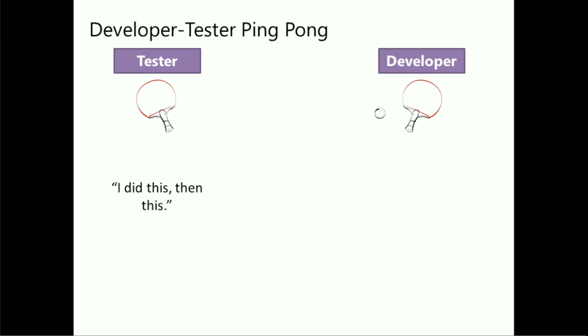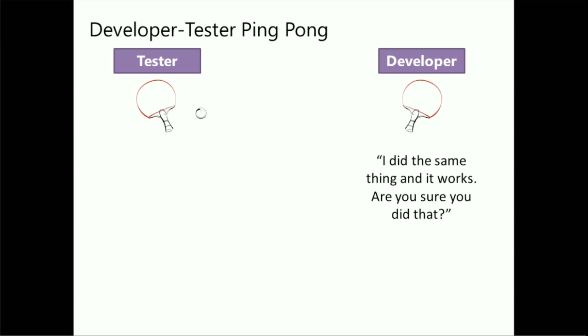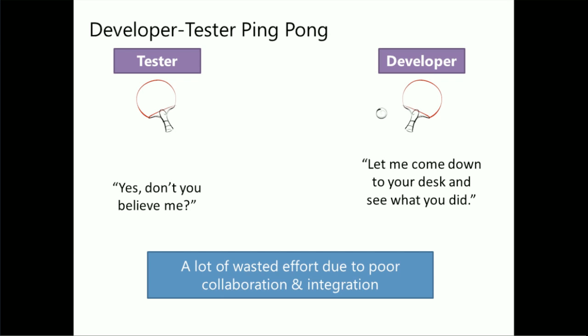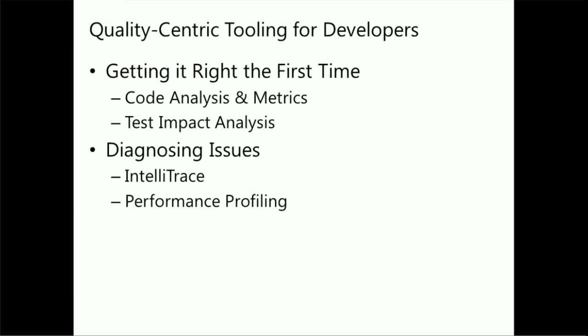So leveraging the platform of Visual Studio 2010 allows a bridge to form between the dev and test departments to minimize this amount of dev test ping pong, allowing you to really get to the root cause of the issue and fix the problem much more quickly.